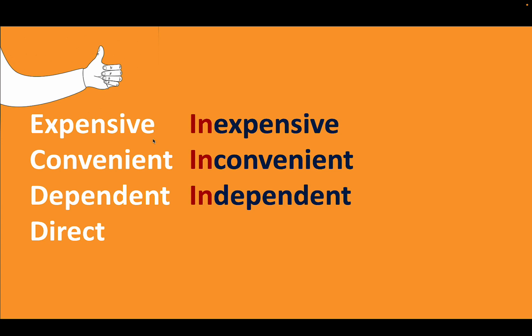What about the word direct? I went home from the office and took the most direct route home so I could get home quickly. The next day, I took a scenic route. It was a very indirect route home, and it took me much longer.